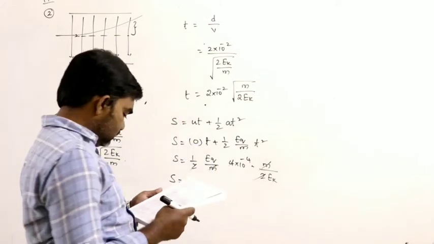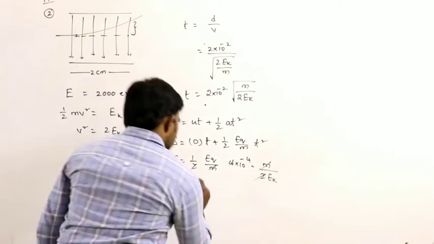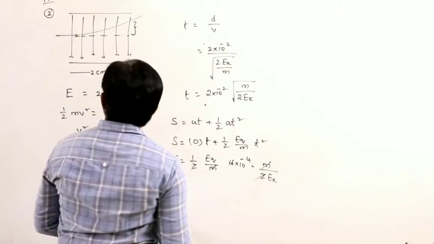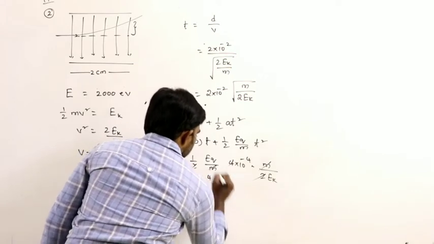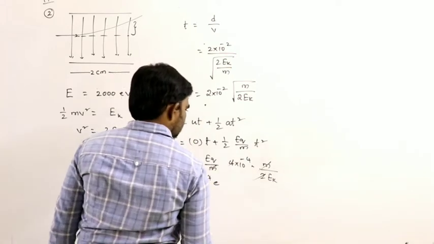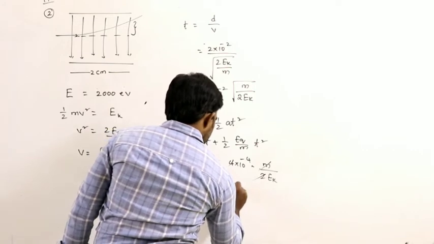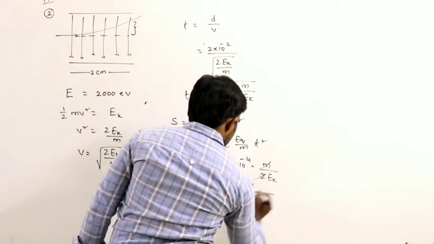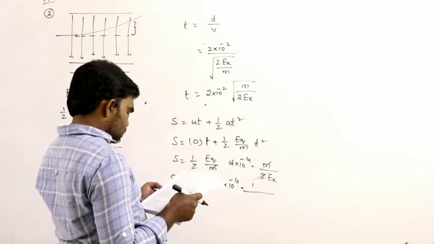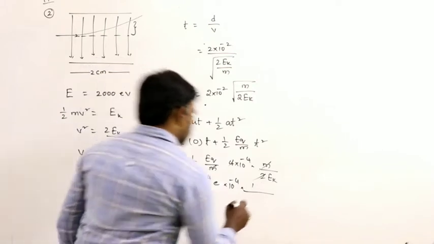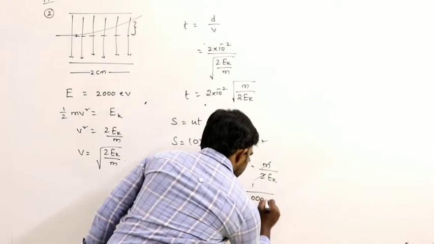What is the electric field? 1.5 into 10 to the power of 4. eE is nothing but E, and 10 to the power of minus 4 into 1 by Ek. The kinetic energy is 2000 electron volts.